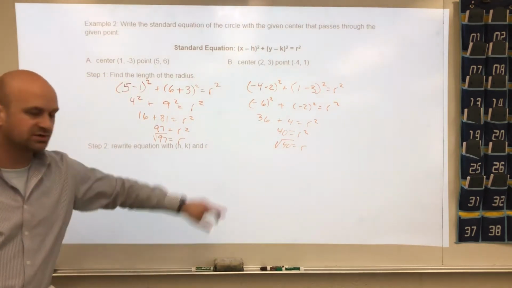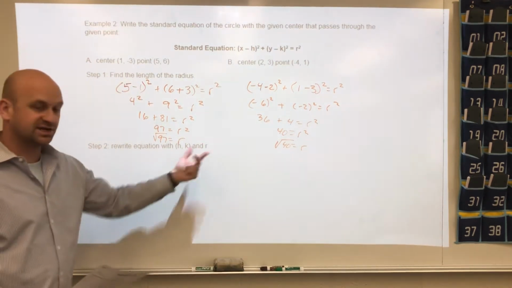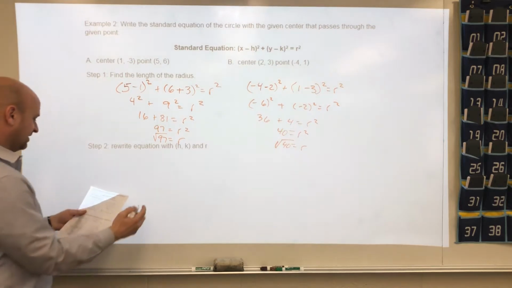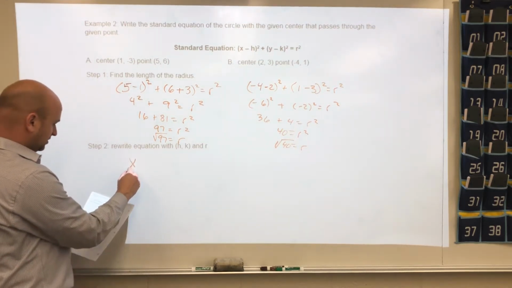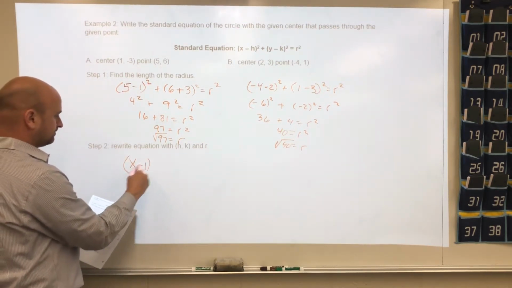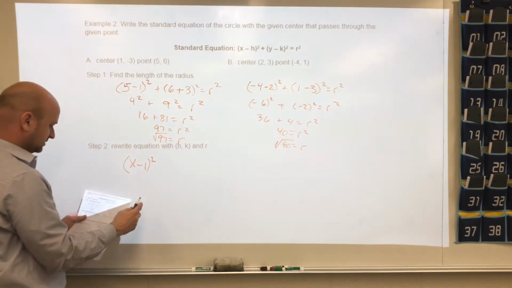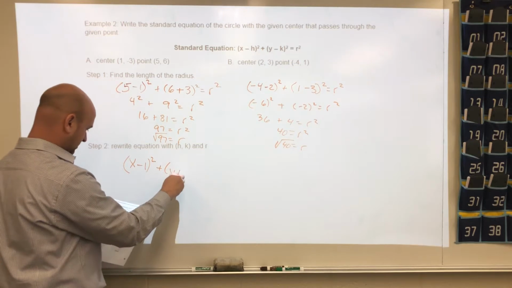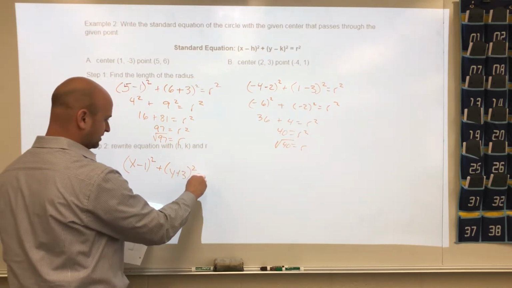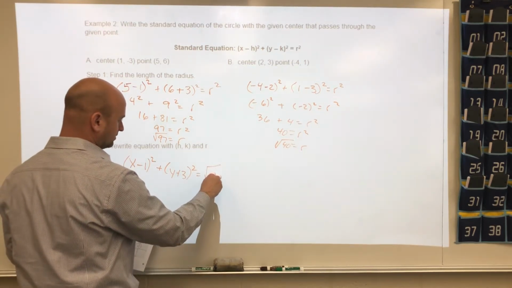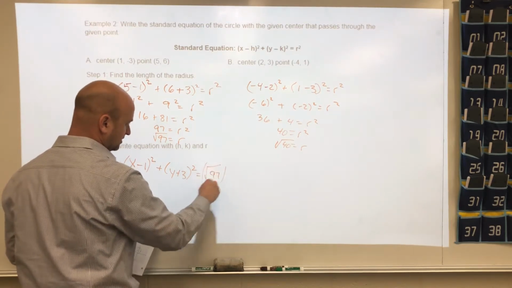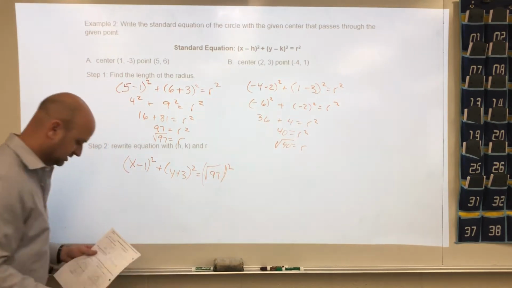Now down here they want you to write the original equation using h and k and r. So what we're going to end up having is something like this. They want you to rewrite it without the h and k in there. So we have x minus 1 squared plus y plus 3 squared is equal to the square root of 97 squared, like so.